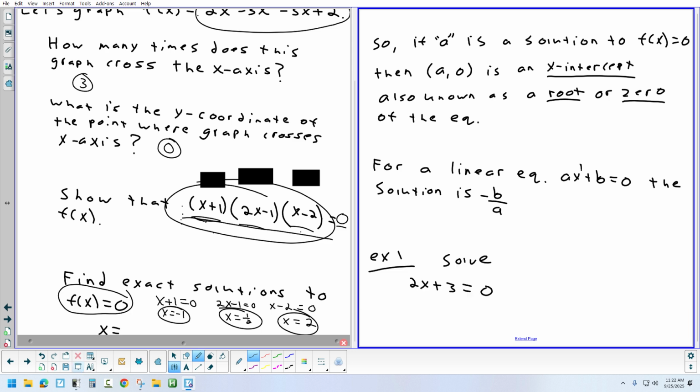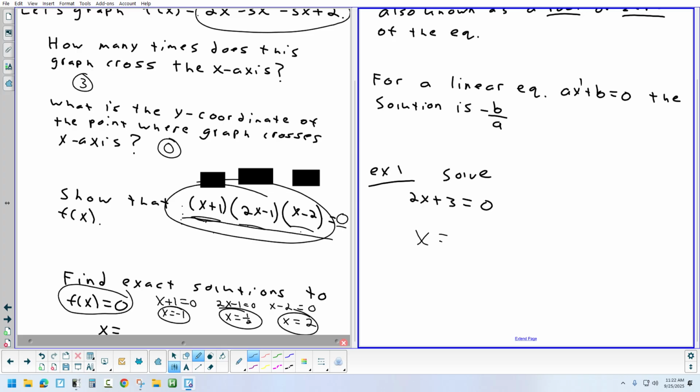So now, let's look at this equation. If you solved that equation for x, what would you get? Negative 3 over 2.